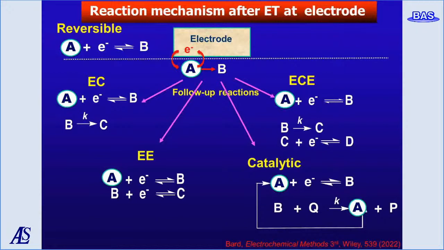In the ECE mechanism, after the EC mechanism, the resulting product C is reduced to the species D. This is called ECE.